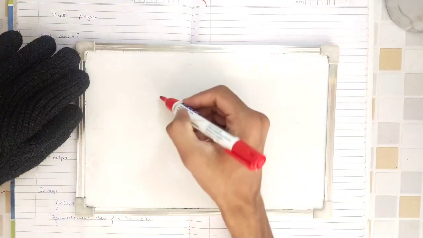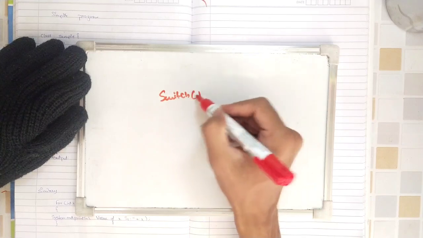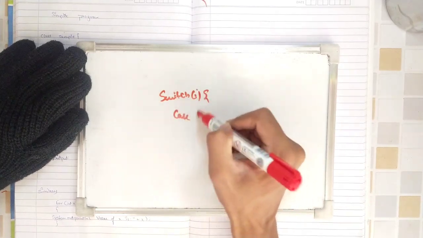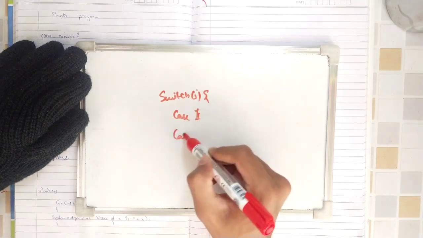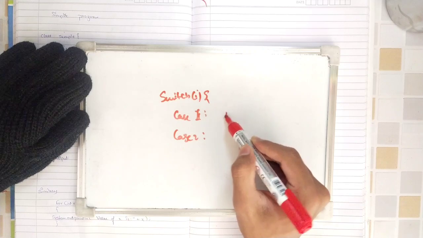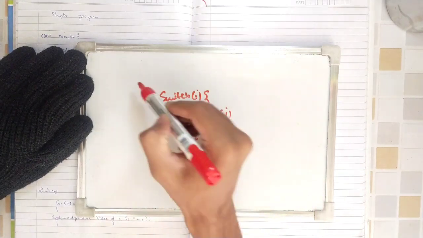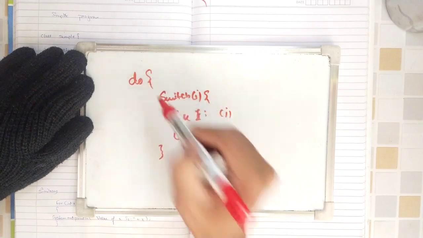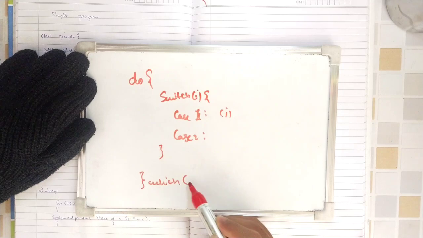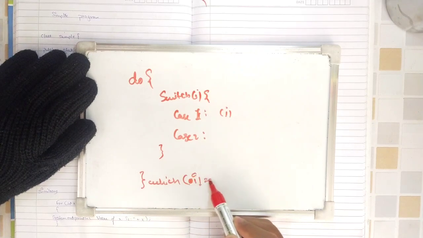you want to print your switch statement again and again. Suppose a switch on i was there, with case 1, case 2, and here we have printing the value of i. So in this kind of thing, I'll write do first, then while my i is not equal to 0.